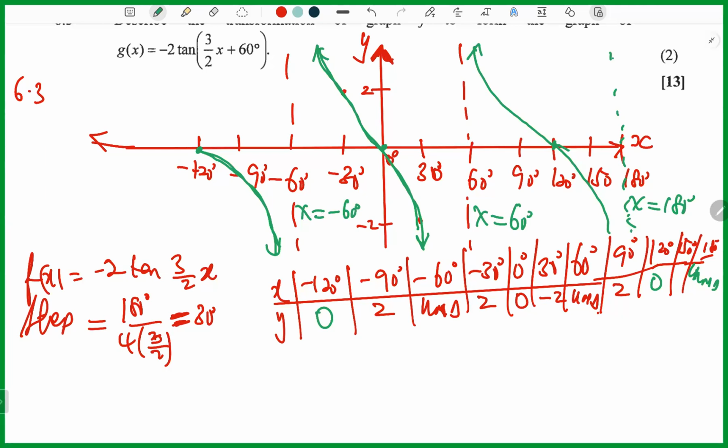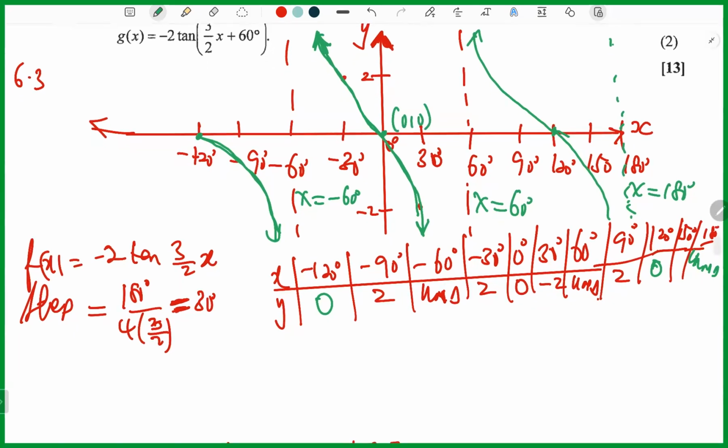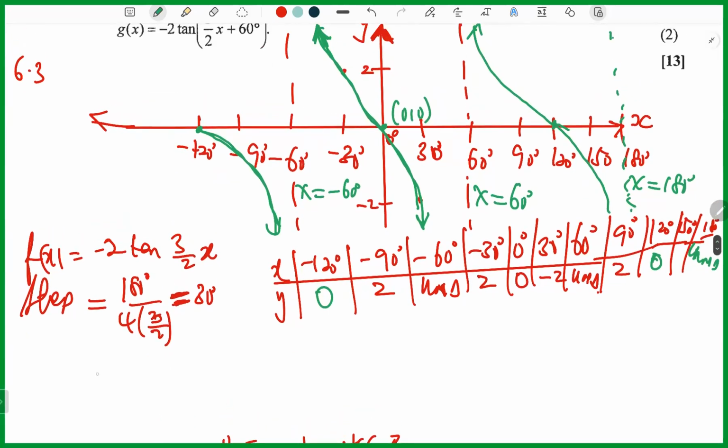And then the x-intercepts, they're at 0, 0 there. So let me write down here. There are certain things we call the x-intercepts. The x-intercepts are at 0 degrees, but they're also at plus or minus 120 degrees.